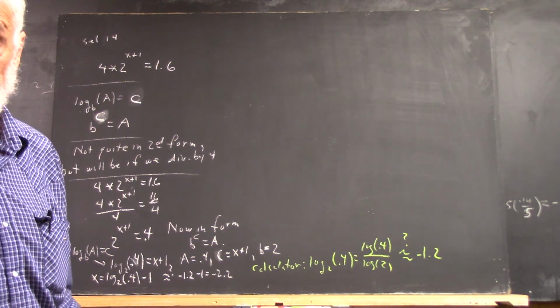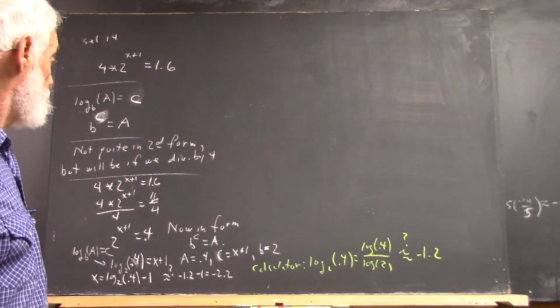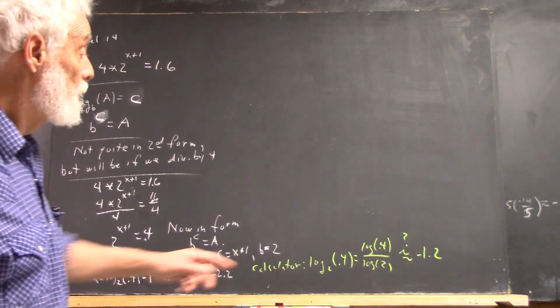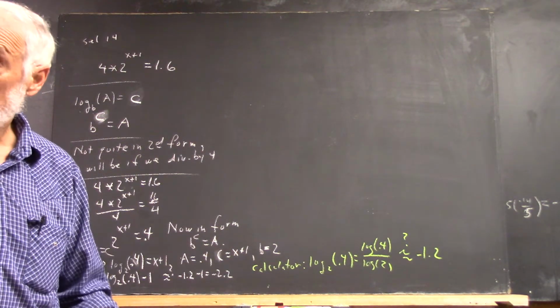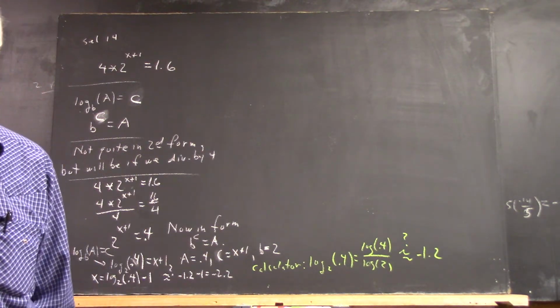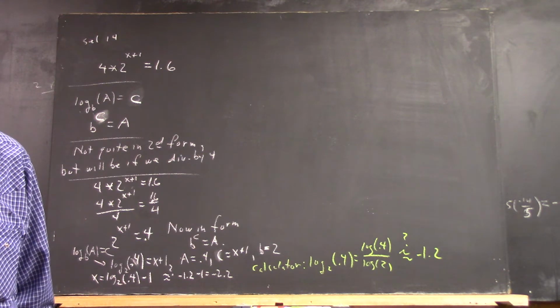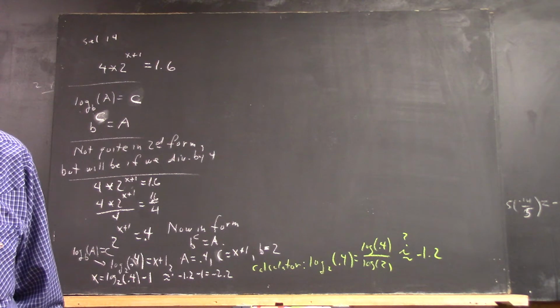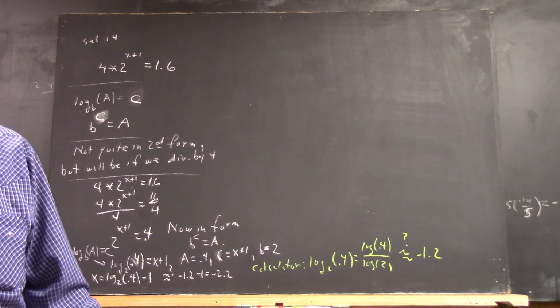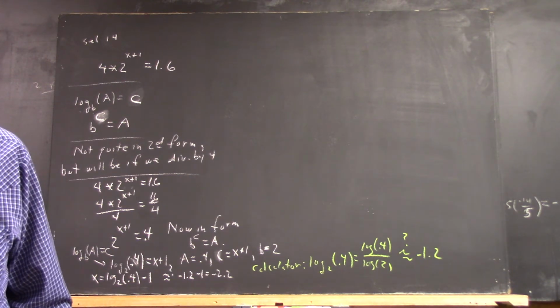Okay? Again, you can make the estimate too, and I recommend that you do. I recommend that you sit there with a hand-drawn graph of log base 2 and make an estimate. You don't even have to draw the projection lines. You can just do it in your head and see where it comes out.